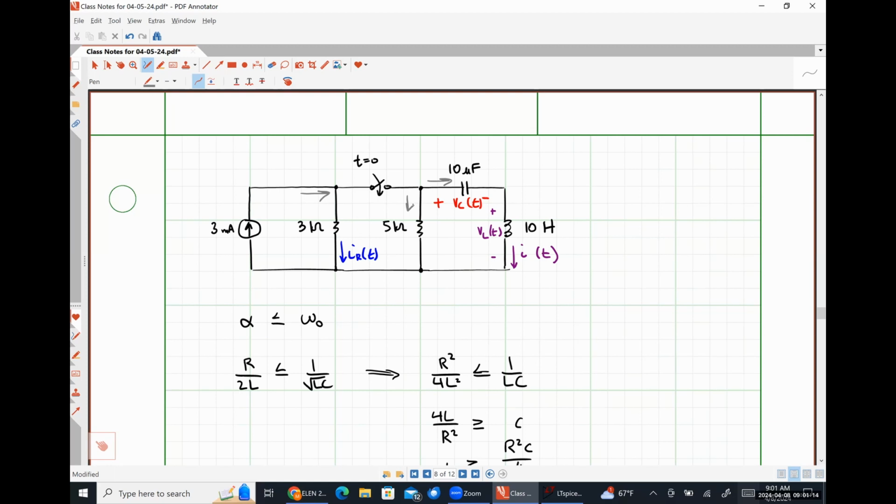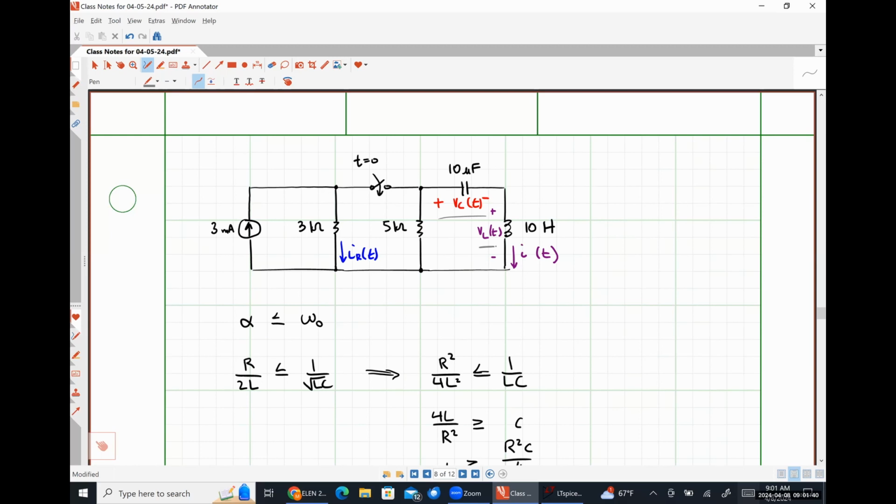Another way that I could do it is I could add VC and VL together, and that would give me the voltage drop across my resistors, and then I simply divide that voltage drop by the resistor value. So which of those two ways seems like the smallest pain to you guys?